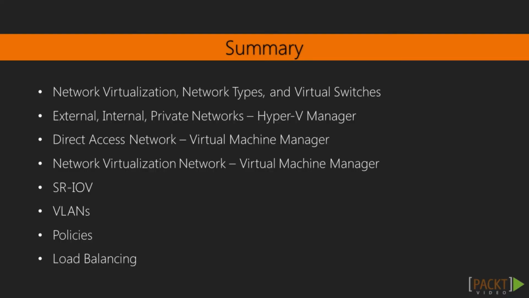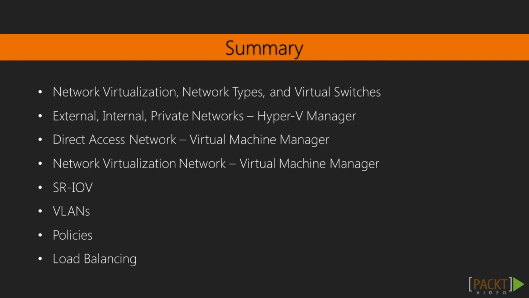In this section, you learned about the different types of networks and switches available in Hyper-V. You also learned that creating and managing these networks in Hyper-V Manager is very different from creating and managing these networks in System Center Virtual Machine Manager. You learned about the difference between a direct access network and a network created to use Windows Network Virtualization.